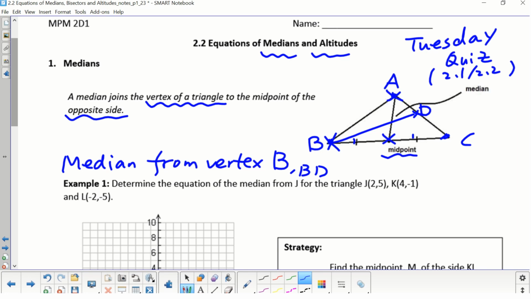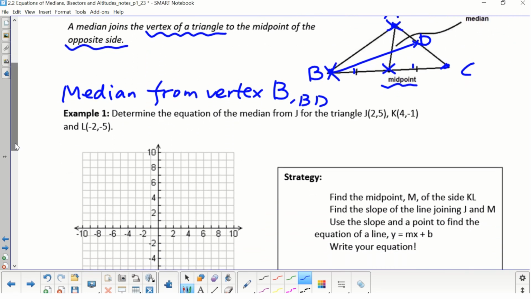If it's not the opposite side, you are not going to have a new line. So the midpoint on the adjacent side BC is not a new line. So a median is a new line in the triangle. Understand the definition of median, then I believe you are able to solve the equation of a median.